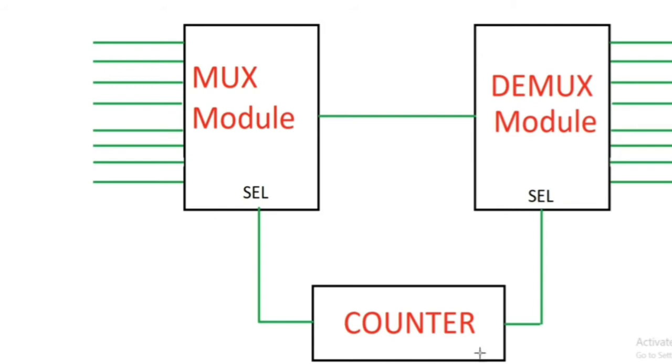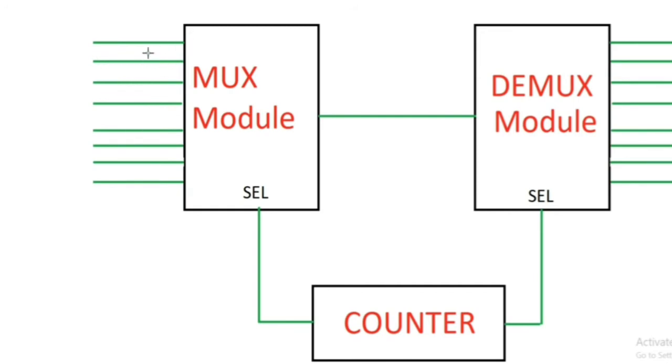So I made a counter. This counter counts +1 every clock, so that when I enter 1 here, 0 here, 1 here, 0, 1, 0.